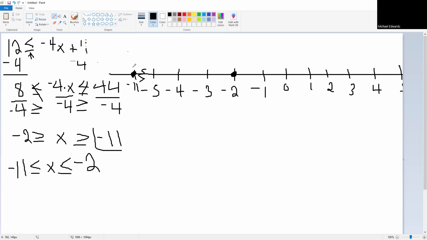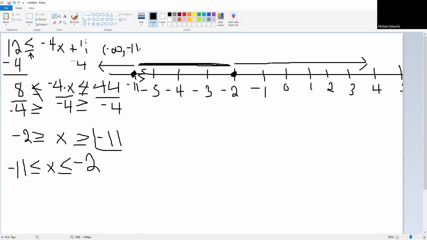The first one is this line here. We also have a line here, but there's also this space in between. So for this, it is negative infinity, and this is negative 11, but it's inclusive.